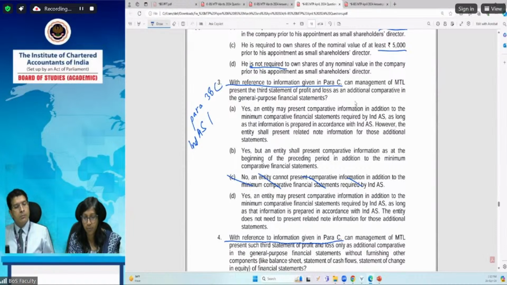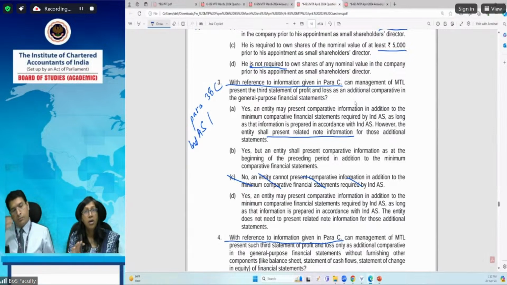First, option A says yes, an entity may present comparative information in addition to the minimum comparative financial statements, as long as that information is prepared in accordance with Ind AS. That was mentioned: any additional information you provide should be in compliance with Ind AS. However, the entity shall present related note information for those additional statements, as we have already discussed.